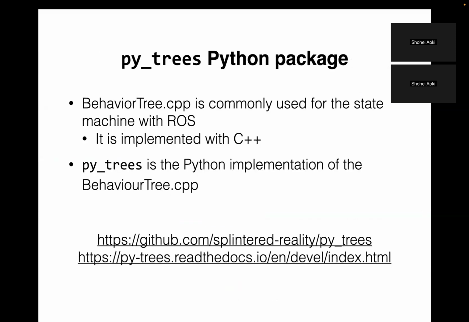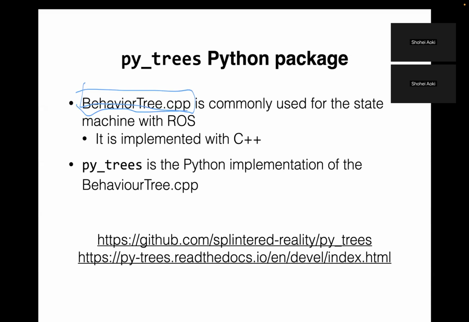And to enable this, normally ROS people are using BehaviorTree.CPP. This is the most commonly used framework to achieve the state machine. However, when I looked at the behavior tree, it is implemented with C++, and currently most of the teams are working with Python, with ROS.